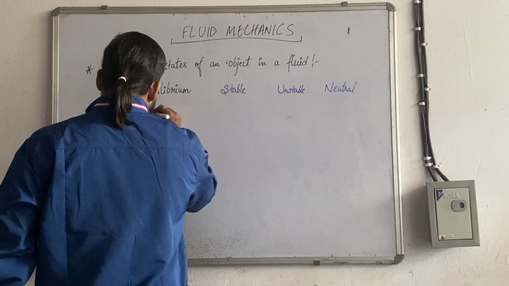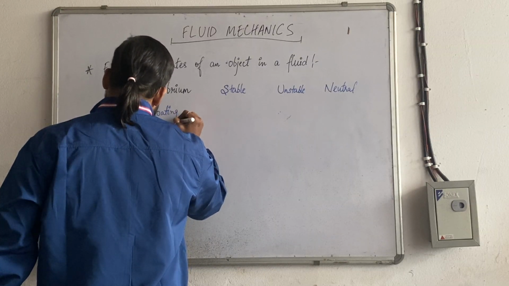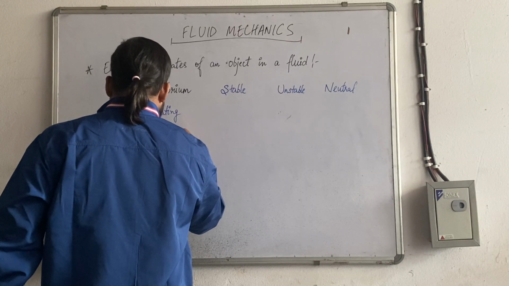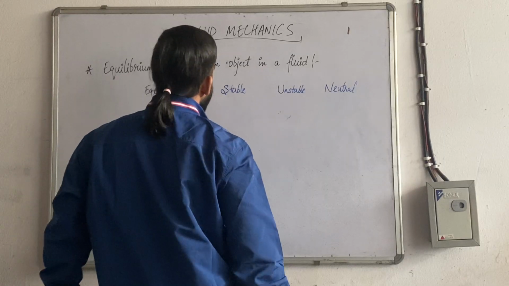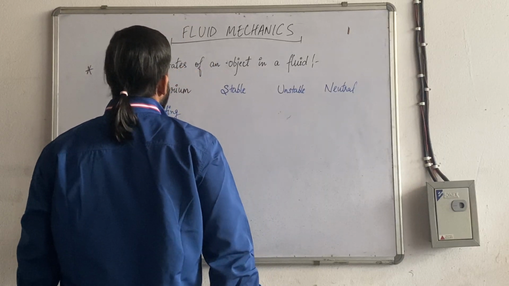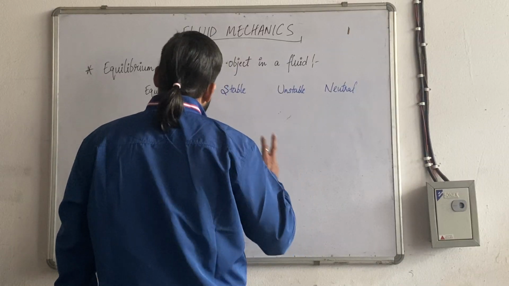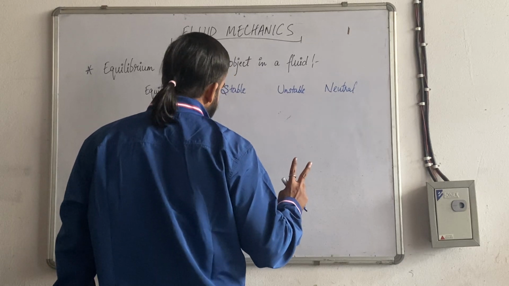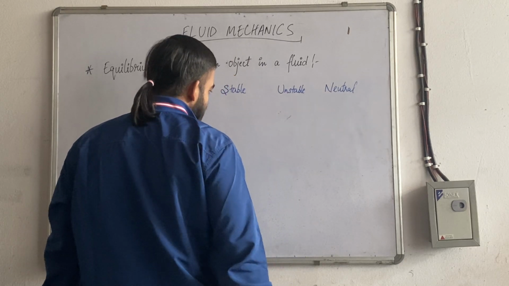The conditions are for floating and submerged. For floating and submerged, two types of centers are being used. For a floating body, we use metacenter and center of gravity as a reference to define these terms: stable, unstable and neutral equilibrium.